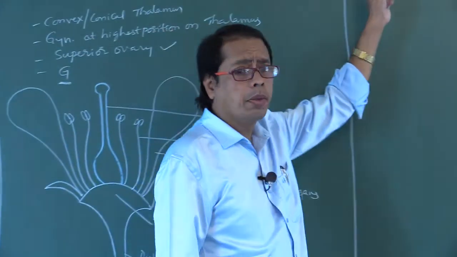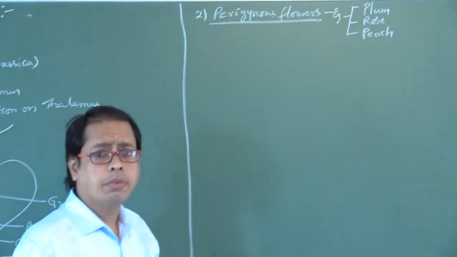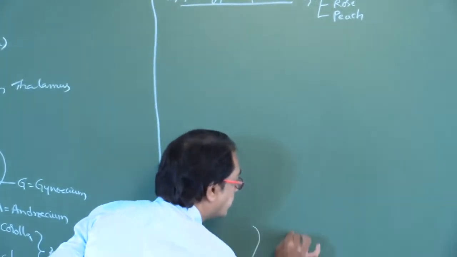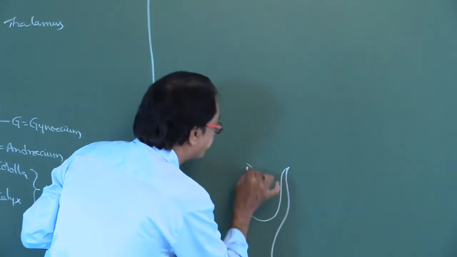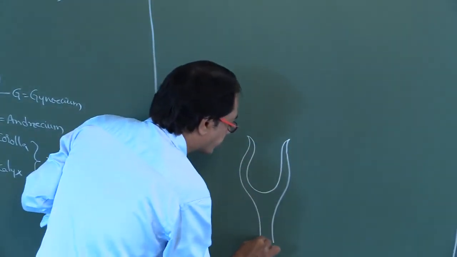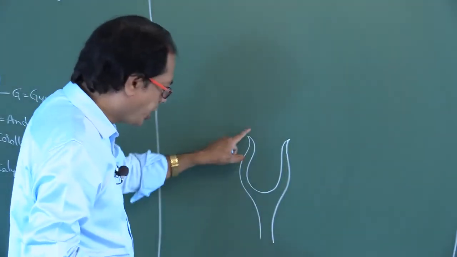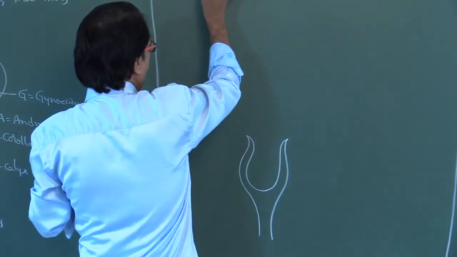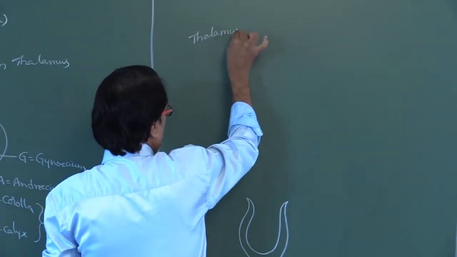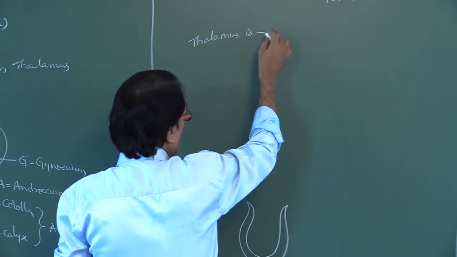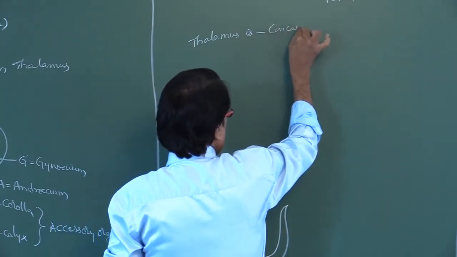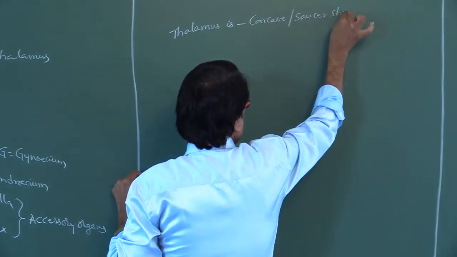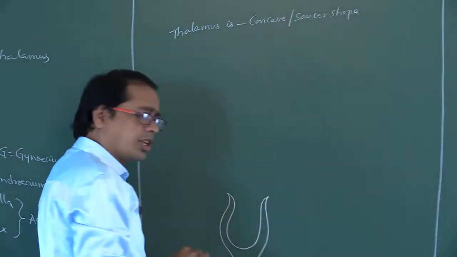Next, go to perigynous. What is that? Perigynous. See, look at here. This is the thalamus. Shape of thalamus is concave or saucer shape.